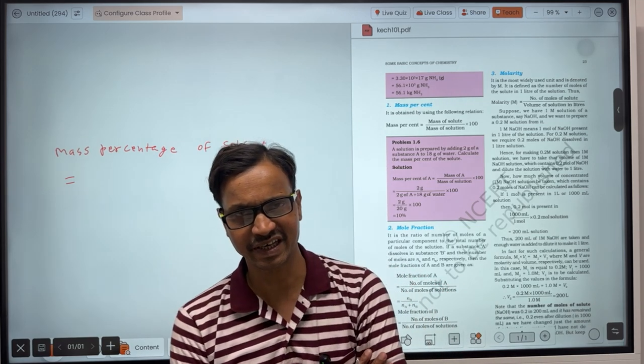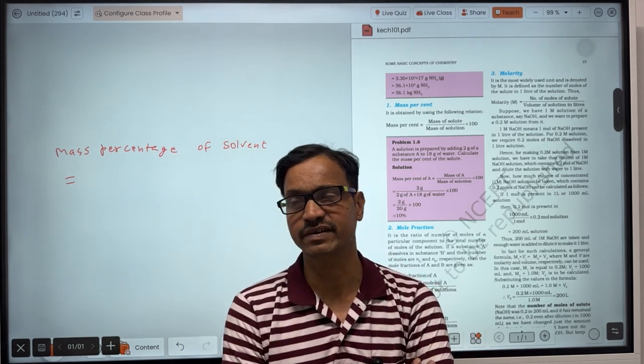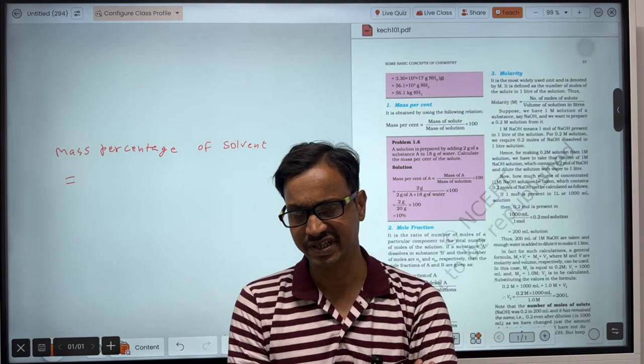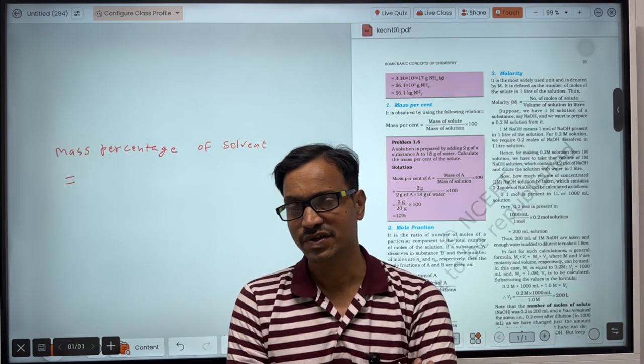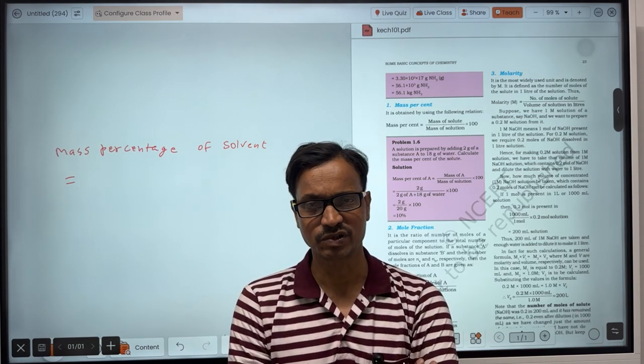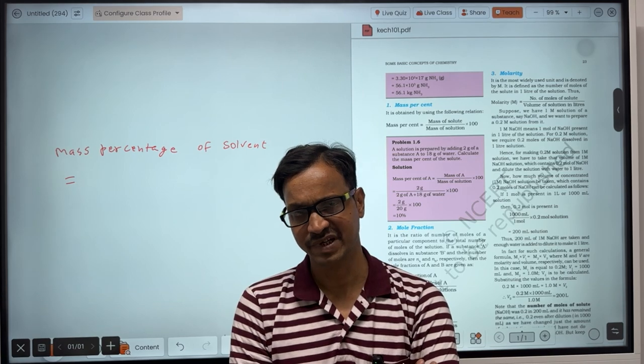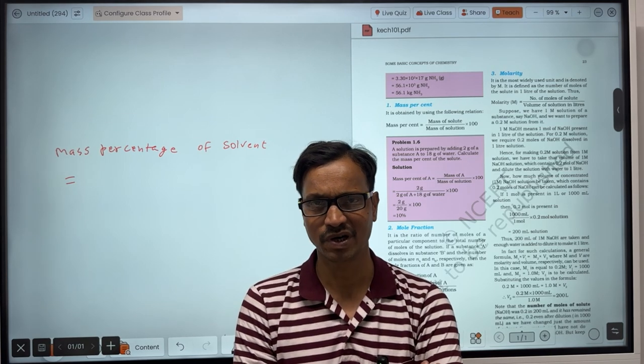So that can also be written as mass percentage of solvent equals mass of solvent in gram upon mass of solute in gram plus mass of solvent in gram, into 100.